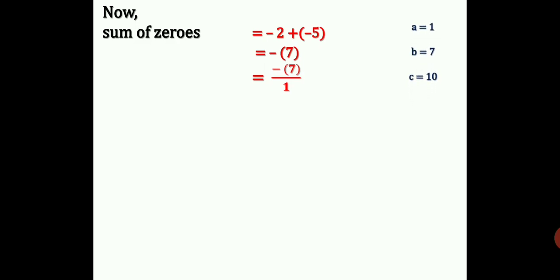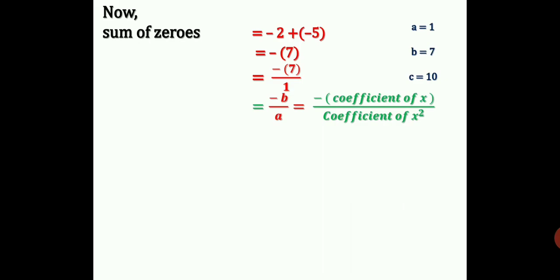A equals 1, b equals 7, and c equals 10. So we have minus 7, that is b, and 1 is a. So it is minus coefficient of x upon coefficient of x square. This is again proved, that is the sum of the zeros is equal to minus b by a.